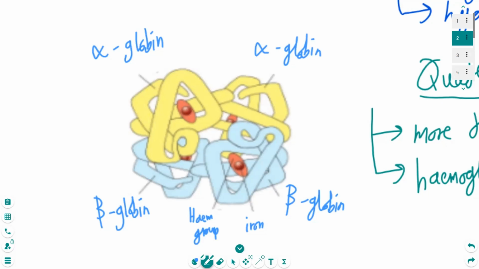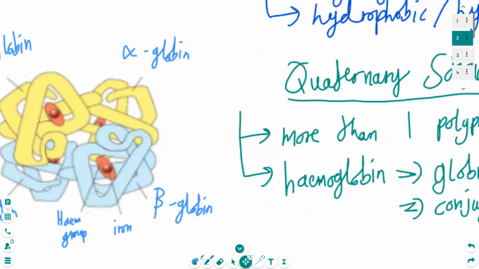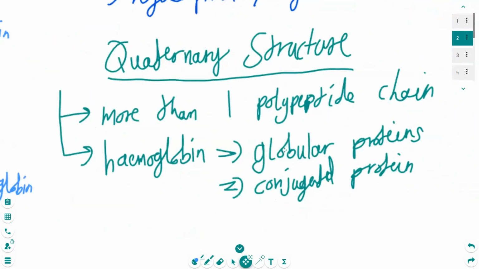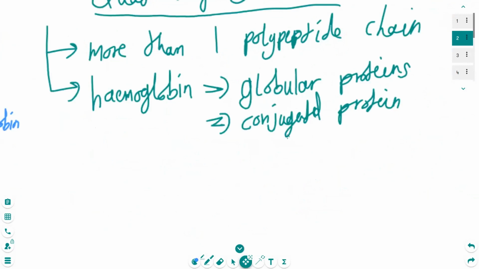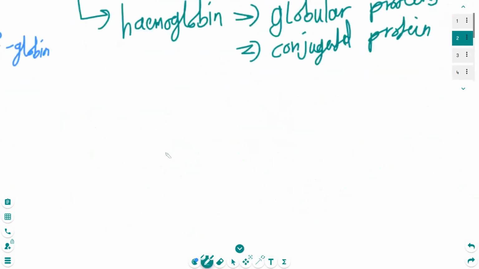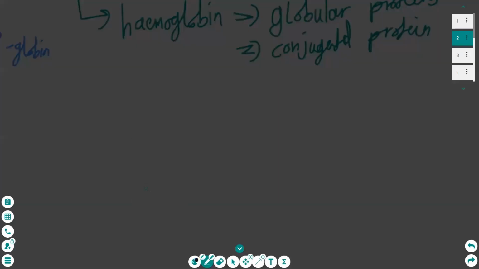So that's hemoglobin, an example of a quaternary structure, globular conjugated protein. But we also have other proteins as well, which I would like to mention here. So we're going to draw up a nice table of fibrous and globular proteins.